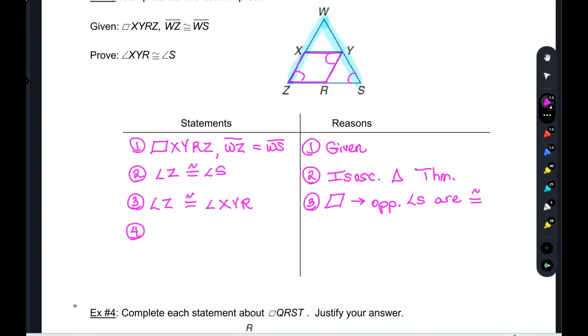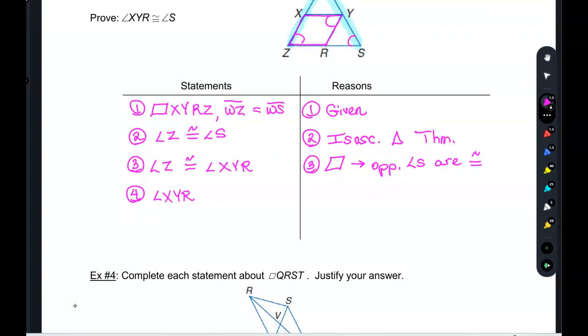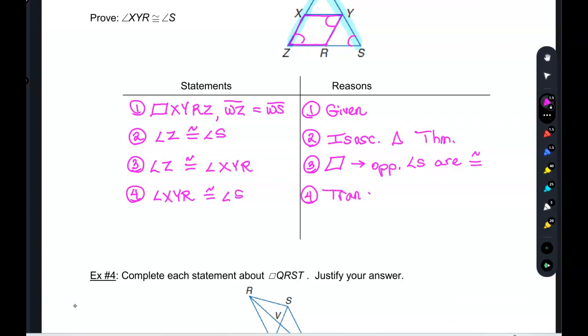These two are opposite angles. And see, now that angle Z is congruent to both of these, we can say angle XYR is congruent to angle S. Sorry. Thank you. Yes. Transitive property. That's so good.